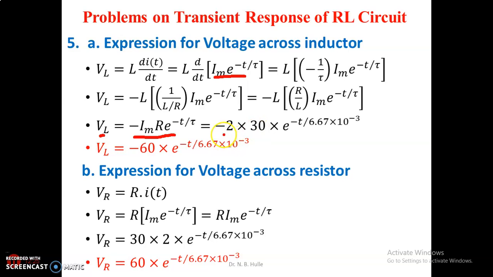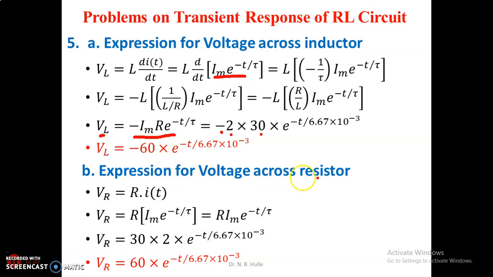Here Im is I0, which is 2 amperes, R is the resistance, which is 30, and tau is 6.67 into 10 raised to the power of minus 3. The voltage developed across the inductor is minus 60 into e raised to the power of minus t divided by 6.67 into 10 raised to the power of minus 3.